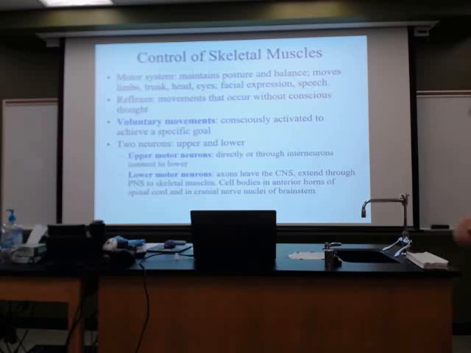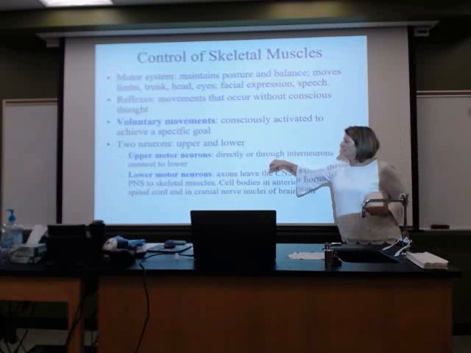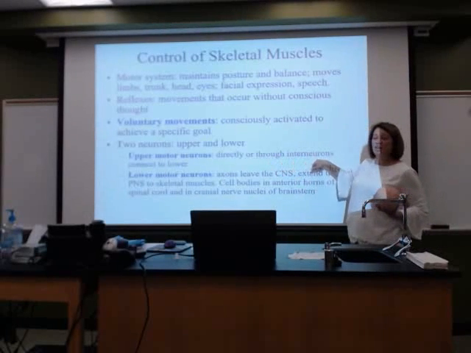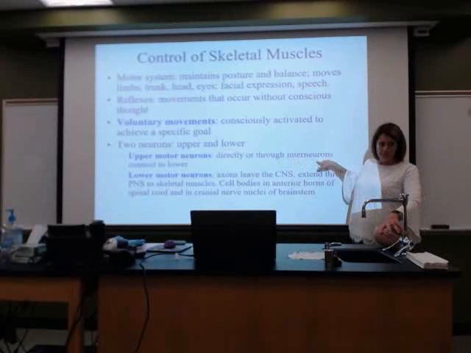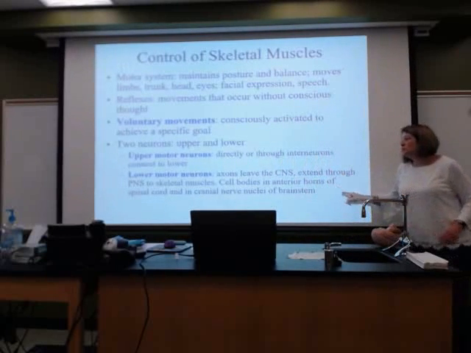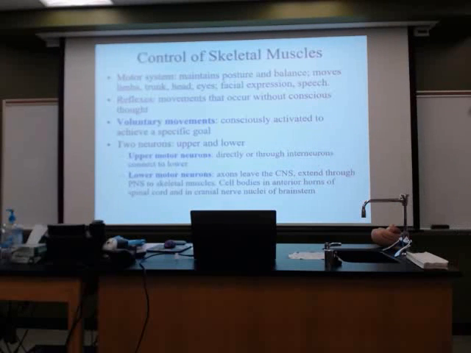This upper neuron is going to go through interneurons, integrating, to the lower, which means that neuron is going to end at the muscle that's needed to carry out the activity.